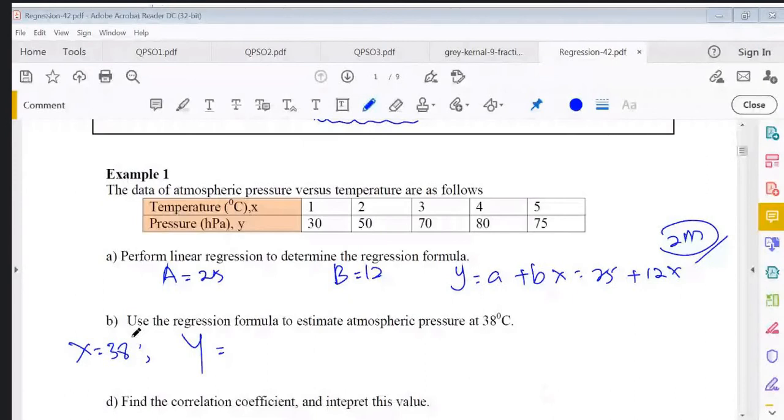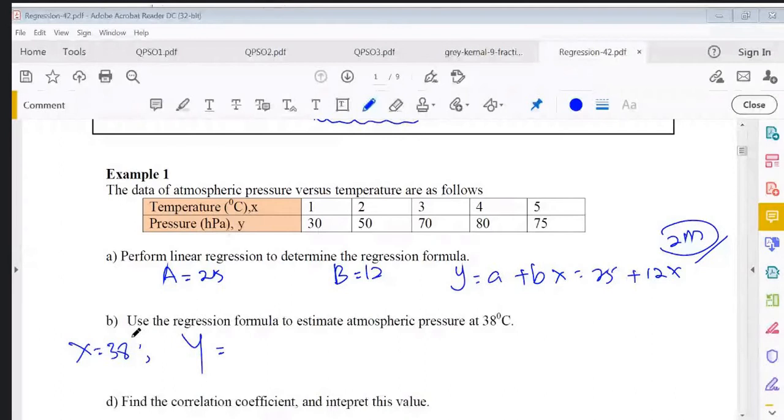Okay, 481. The pressure is 481. If this is correct, you get 1 mark.